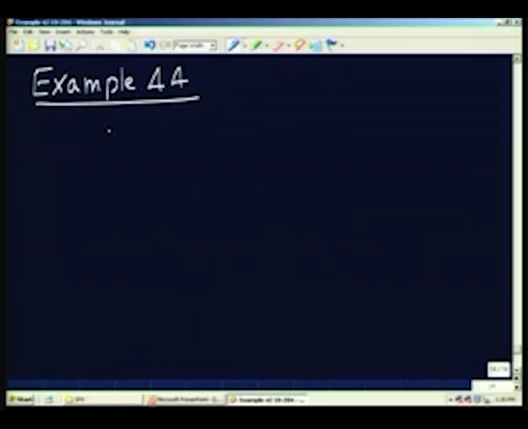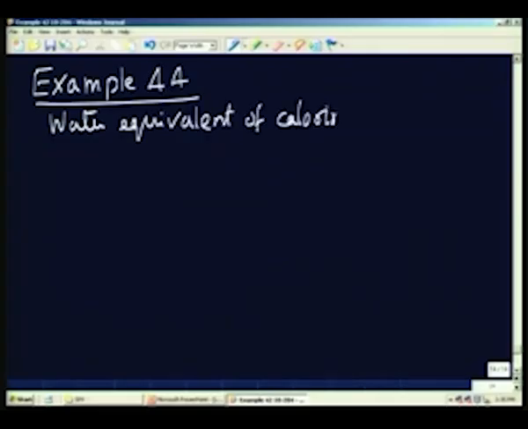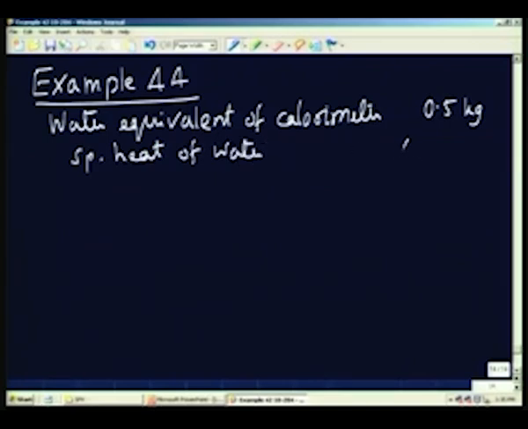Water equivalent of the calorimeter is given as 0.5 kilogram. It is like half a kilogram of water being heated, and the specific heat of water is well known, 4.19 kilojoule per kg degree Celsius.